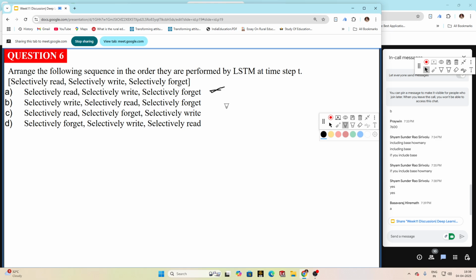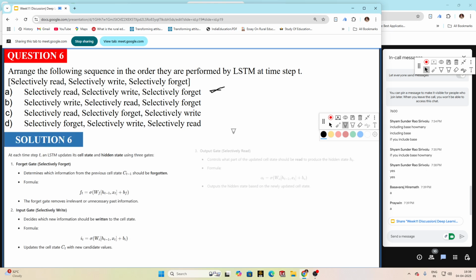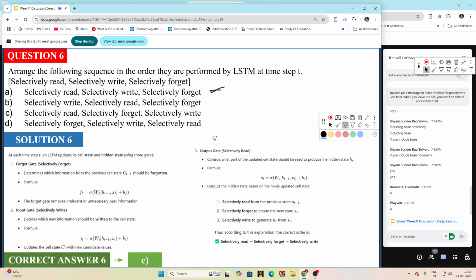Why not write, read and forget, or read, forget and write? This you have to keep in mind. In this LSTM we follow this sequence: first we selectively read from the previous state s t minus 1, so read will come first definitely. Then we selectively forget to create the new state.